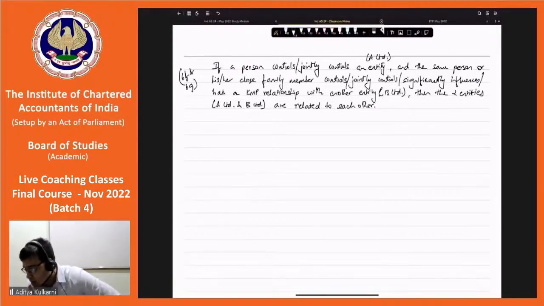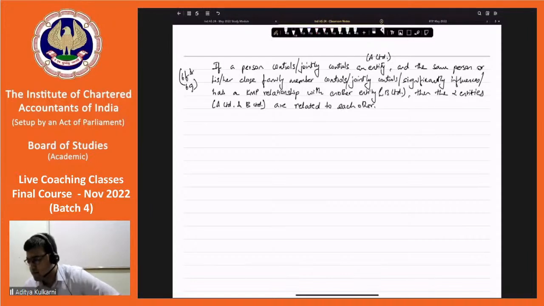Okay. In given example, if Mr. X, where is Mr. X? There is no Mr. X here. I am not sure what you are saying, Kumar Mangalam. Mr. X gives a loan to Mr. B, then can it be related party for A Limited?